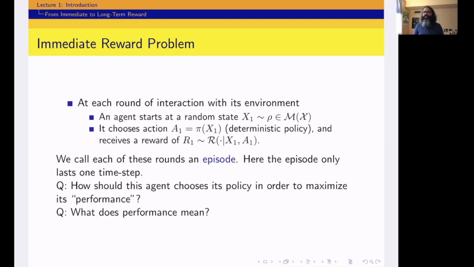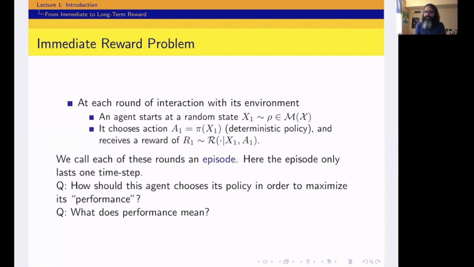Suppose it's a deterministic policy. Then it receives a reward R1, which depends on x1 and A1. Then this repeats: another random state, independent from the previous state and action, is selected, and this repeats many, many times. Each of these rounds is called an episode, and here the episode lasts only one time step. It's one state, one action, then you get the reward, the episode ends and we start a new episode.